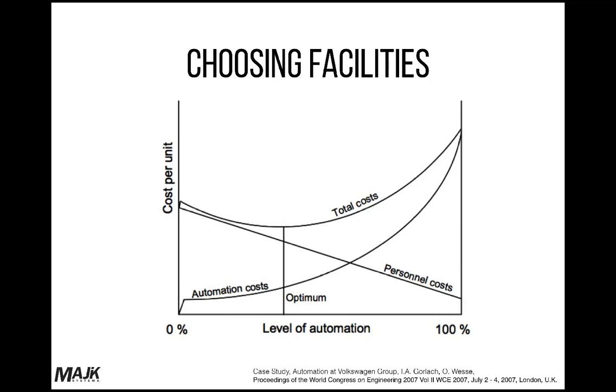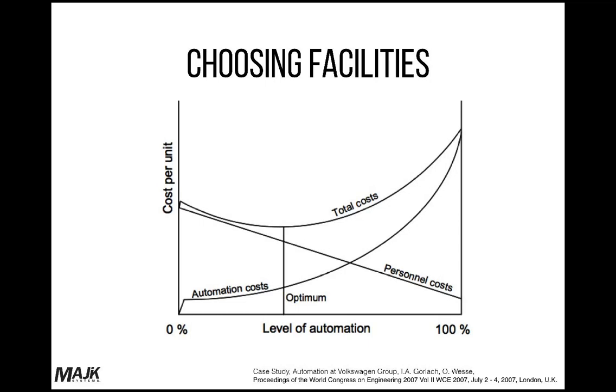This simple diagram is actually a very interesting decision-making tool for me anyway. This was created by Volkswagen. This is how they decide where to invest in more automation in their facilities across the world. It was presented in a paper and a case study for the World Congress of Engineering in 2007.